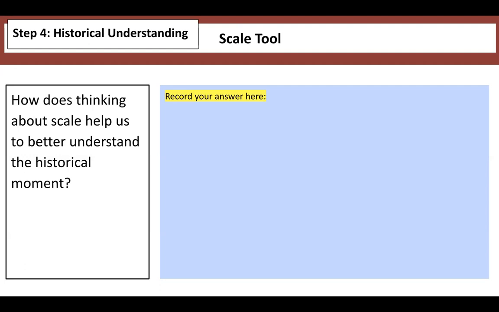This is definitely a good place to have students start to form their own analyses and historical understanding.